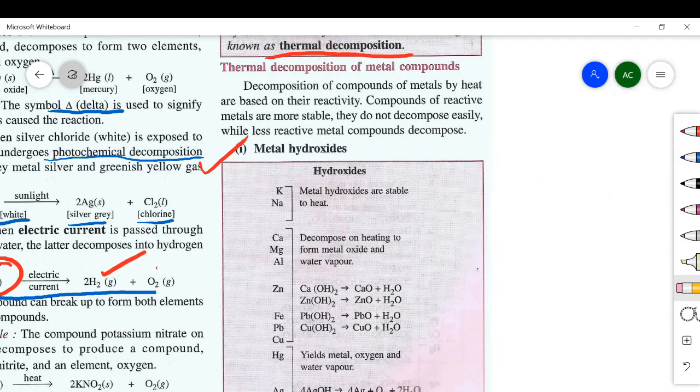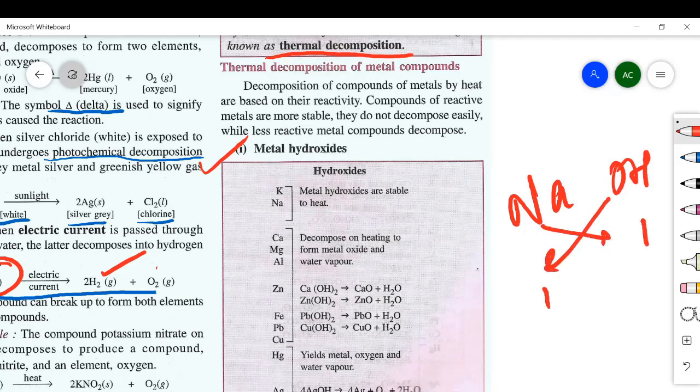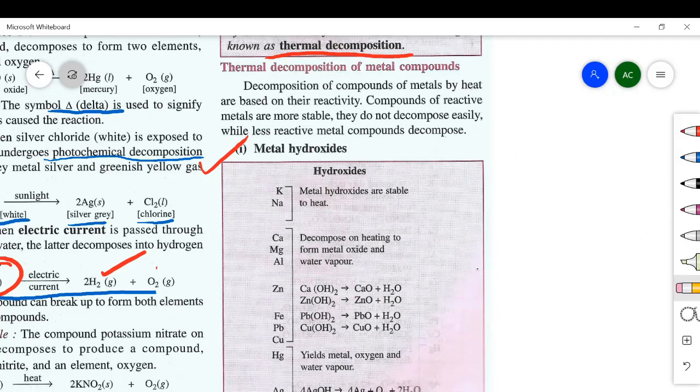Sodium is Na. It will combine with OH, that is hydroxide. Sodium valency 1, hydroxide valency 1. Formula is NaOH. Now what happens to these compounds, that is KOH and NaOH, when heated? They are stable. Nothing will happen to them. They are very, very stable. So metal hydroxides are stable to heat.